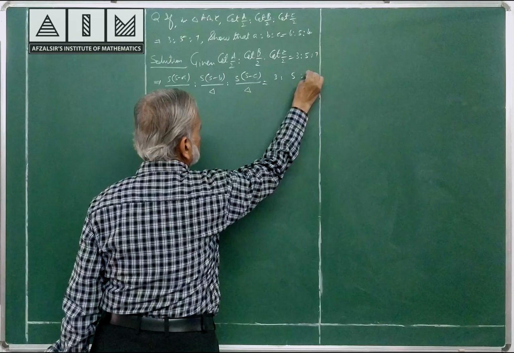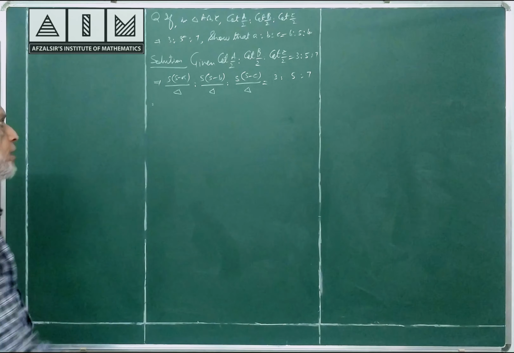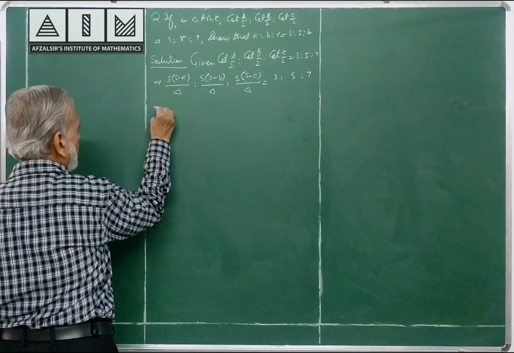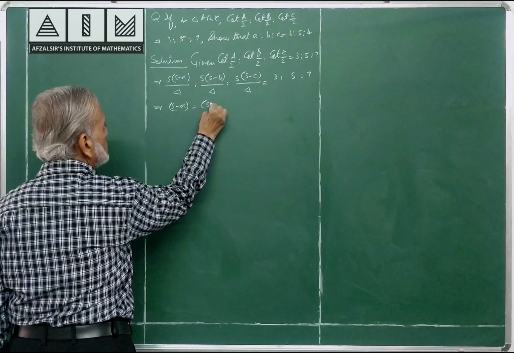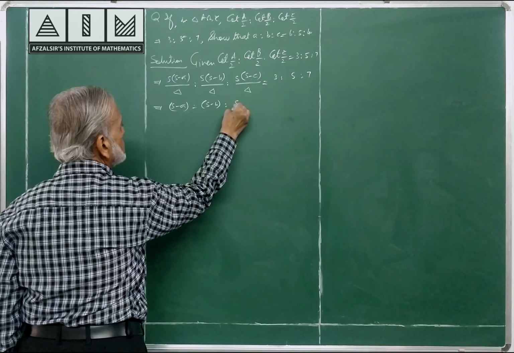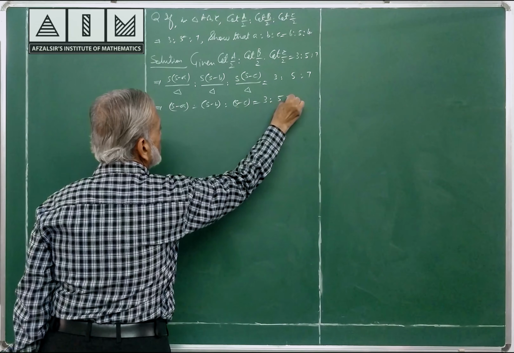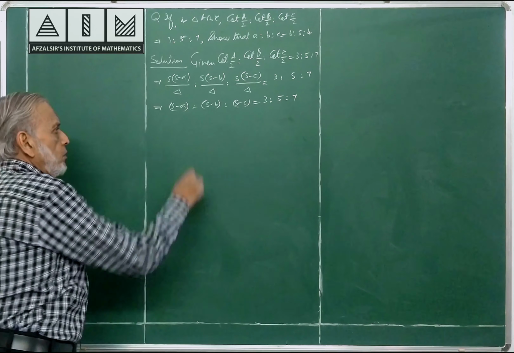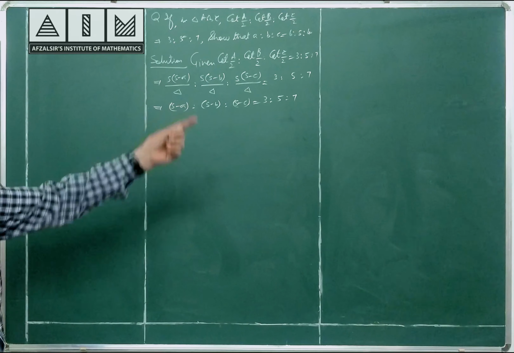Three is to 5 is to 7. S by delta is a common factor in all the three, so you remove S by delta. S minus A is to S minus B is to S minus C is 3:5:7.